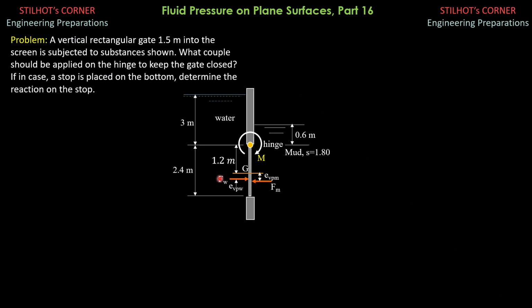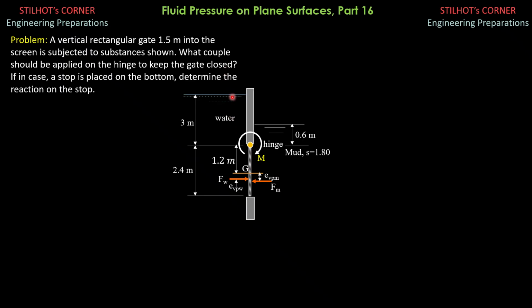So this is the force due to water, and its vertical distance along the plane of the gate from the centroid is denoted by e sub VPW, while the force due to mud is at distance e sub VPM vertically below G. So F here is specific weight of the substance times h_G times area, because on each side there's only one liquid and its surface is exposed to the atmosphere, so gauge pressure is zero.